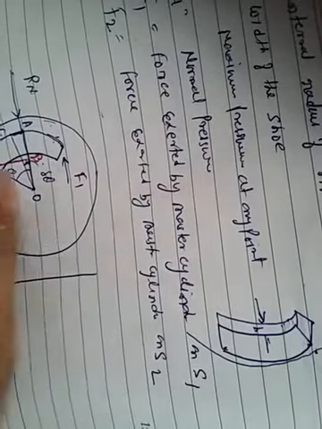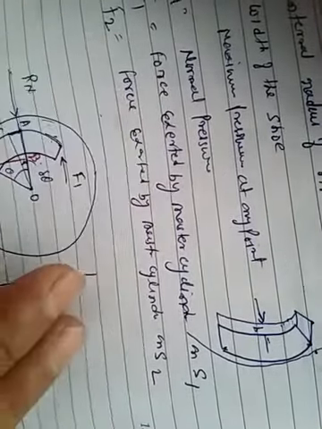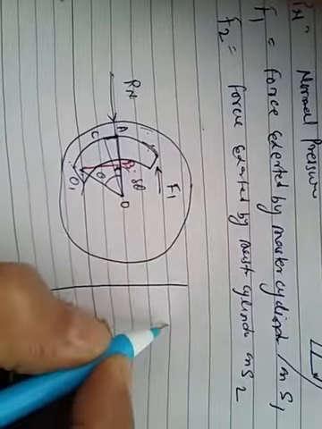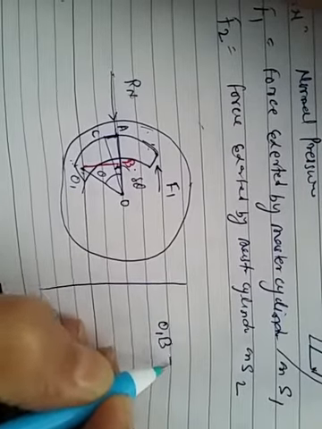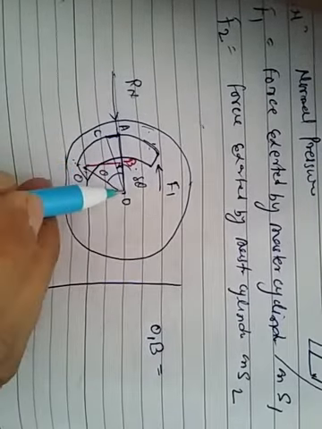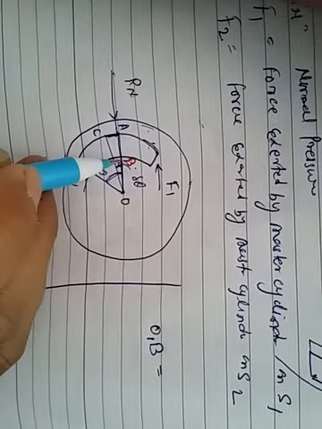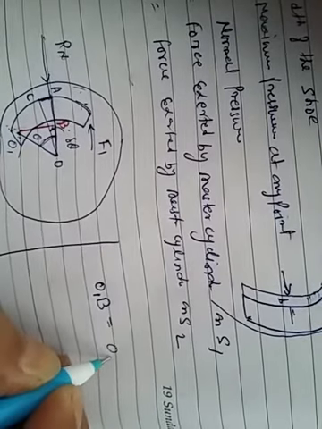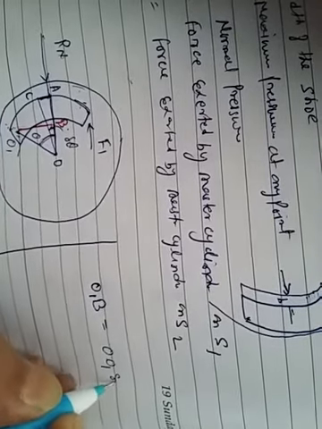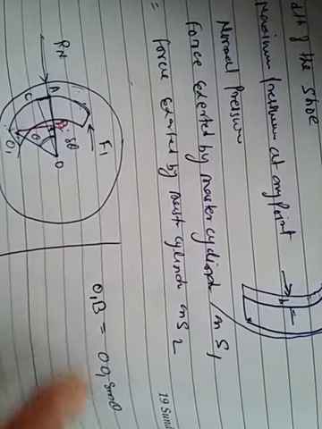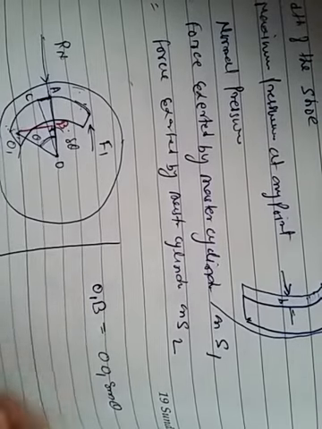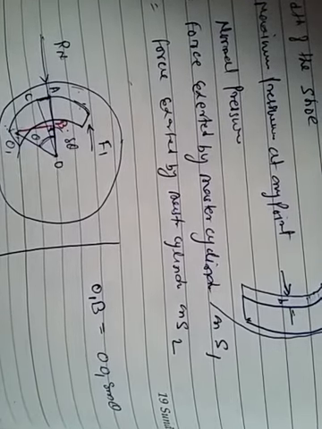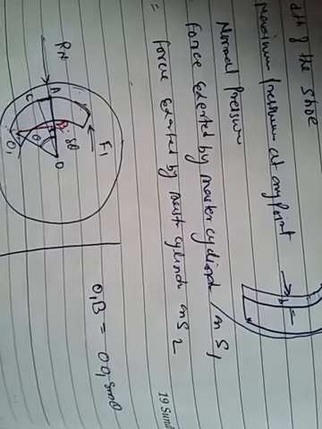As the distance increases, the pressure increases. So the radial distance O1B is equal to OA sine theta, because this is our theta, this is the base, this is the perpendicular, this is the hypotenuse. So similarly, the normal pressure at any other point, suppose point A, is proportional to the radial distance sine theta.